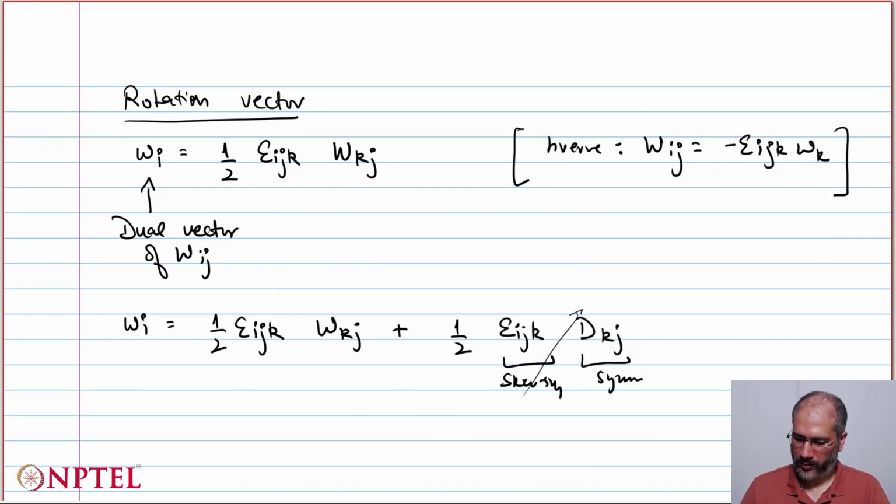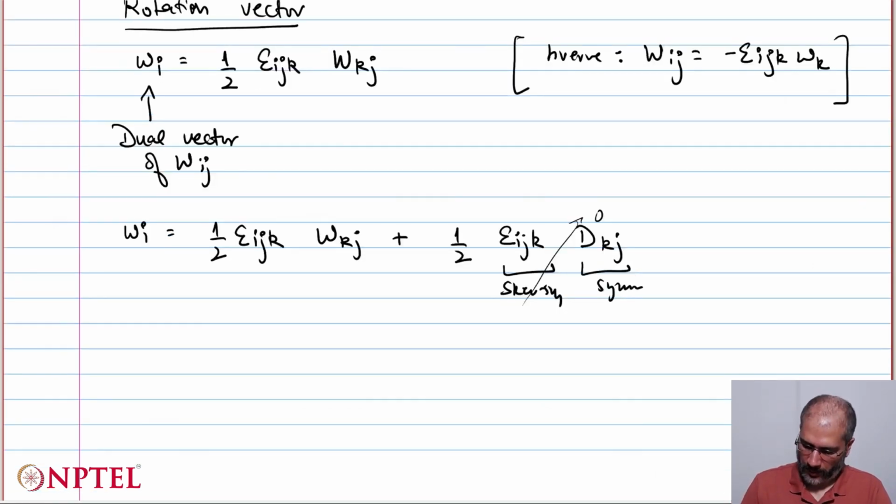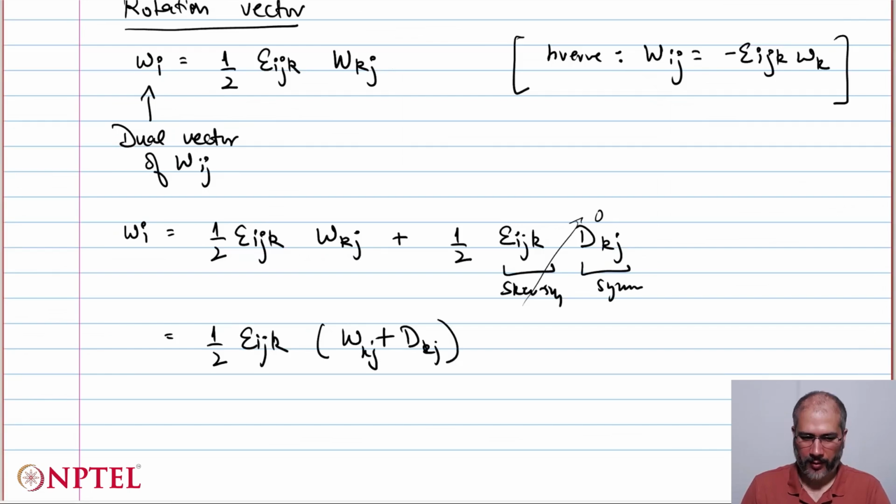So I can add a 0 to a quantity; there's no problem with that. And this results in W plus D, which is the velocity gradient tensor L. So I'll just write L here.